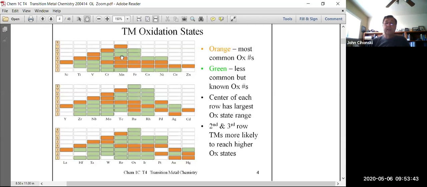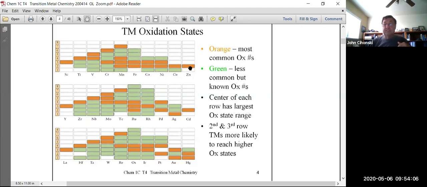Okay, so if we look at the most common states, well, let's start with scandium. If we look at scandium, that state would be +3. And what does that mean? That means we are taking the d electron out and the 2 electrons on the s orbital.